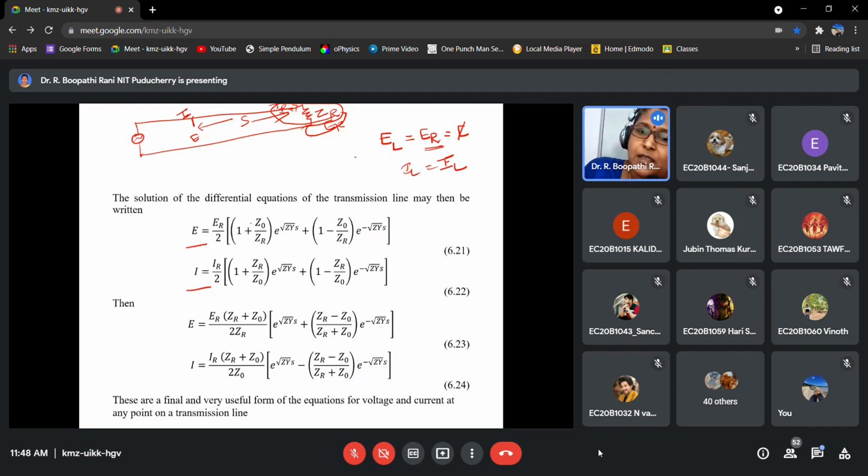Okay, this is the characteristic impedance, this is the load impedance, and root ZY is the propagation constant, that will also be known. So once we know these parameters, at any point in a transmission line, we will be able to know the voltage and current equations. That is why we are deriving these equations. What is the purpose of deriving these equations?